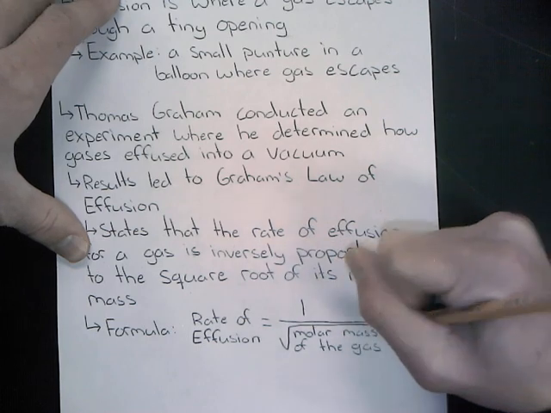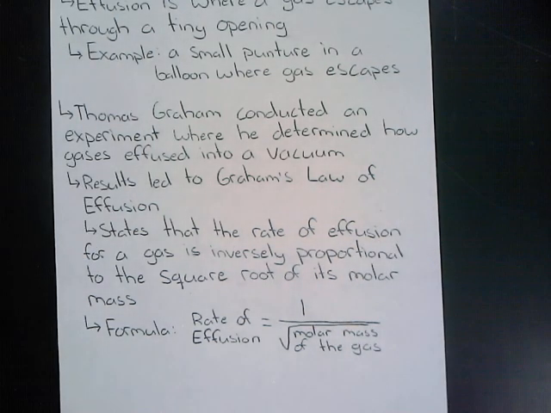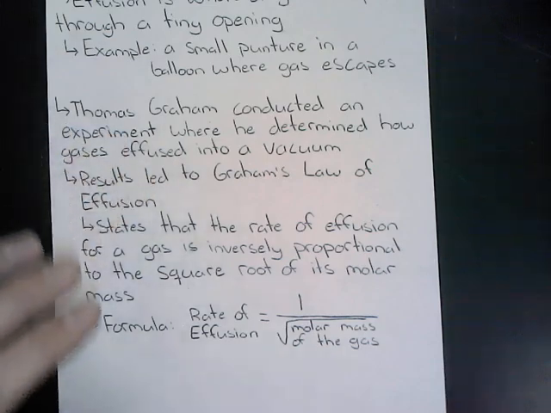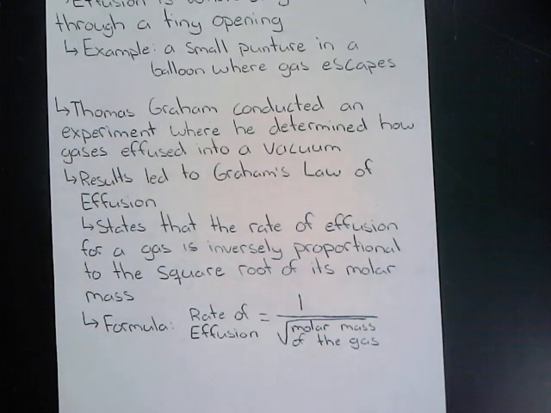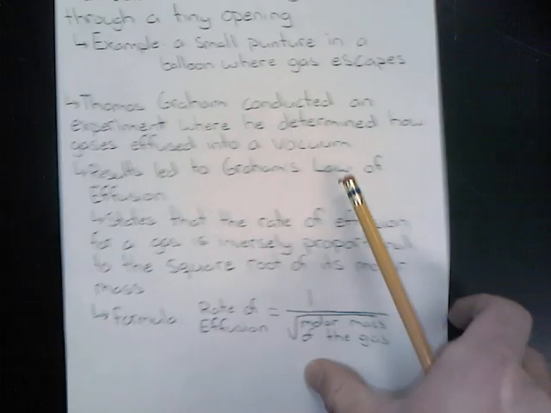Okay? These are pretty simple things put into terms that we can actually go through a calculation with. So let's use this concept of Graham's law and go through a problem here.